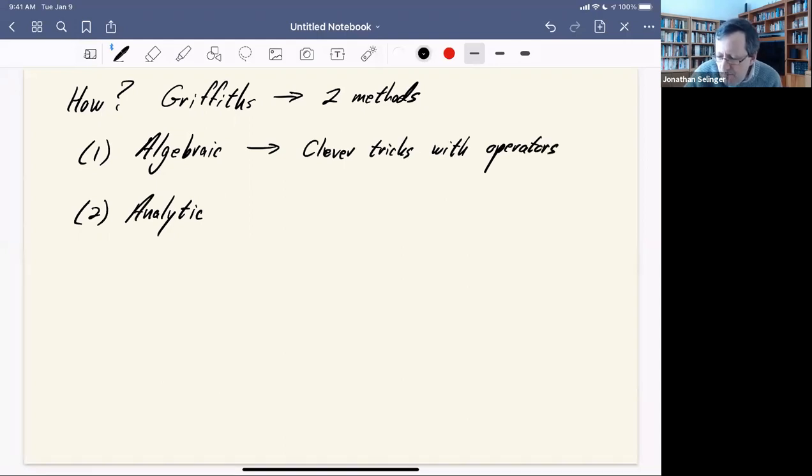And there are some nice features of this, right? One is that it's conceptually interesting, and it teaches you about operators.